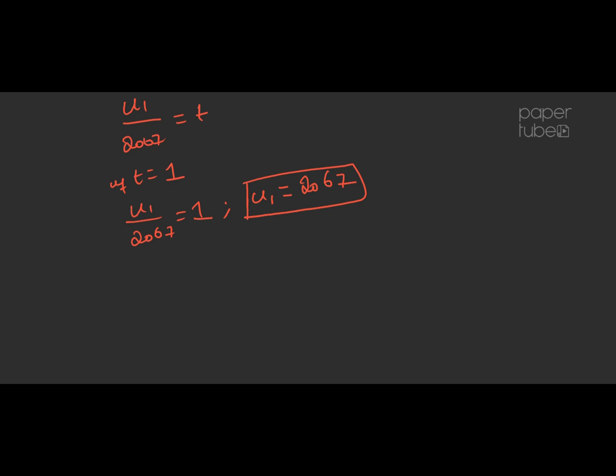Now you need to calculate u2. We know u1 by 2067 is equal to t, which is equal to u2 by 12383 minus lambda 1. So if t is equal to 1, then u2 will be equal to 12383 minus lambda 1.